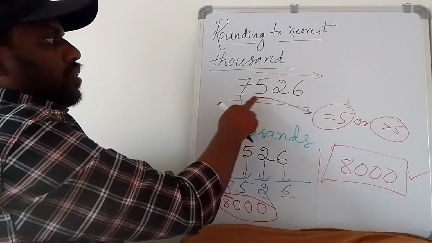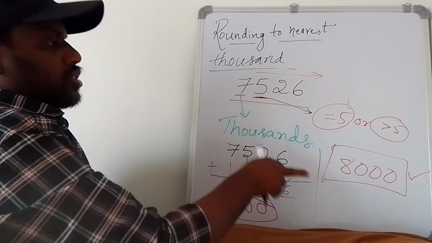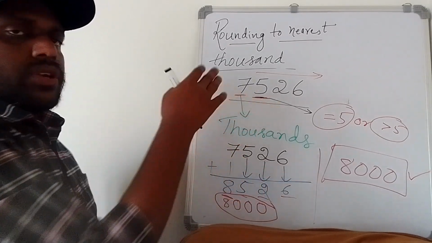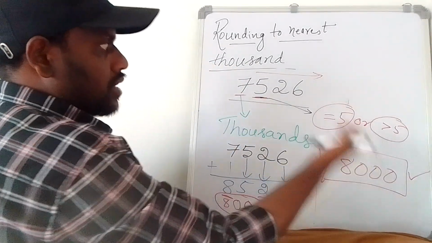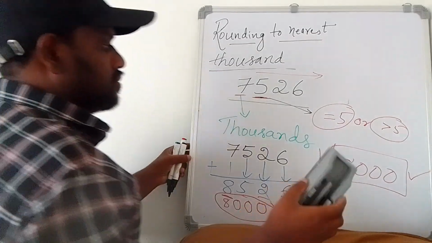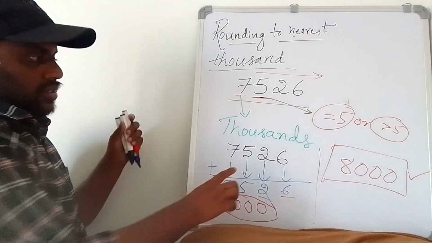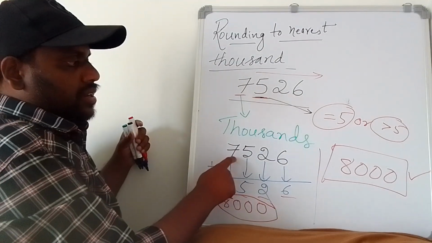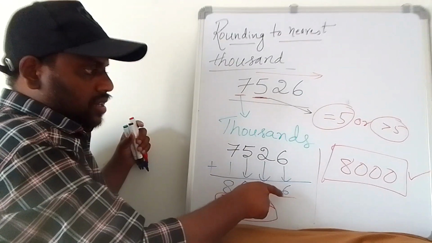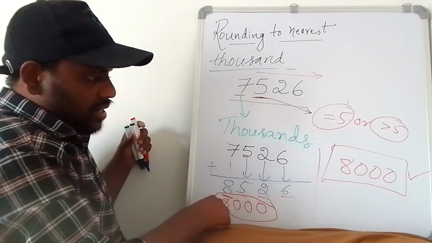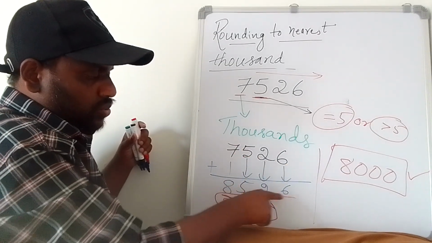So this number rounded to the nearest thousand, we get 8000. In this step, while adding 1 to this 7, I said keep these digits as they are, and then I made all of them zeros.